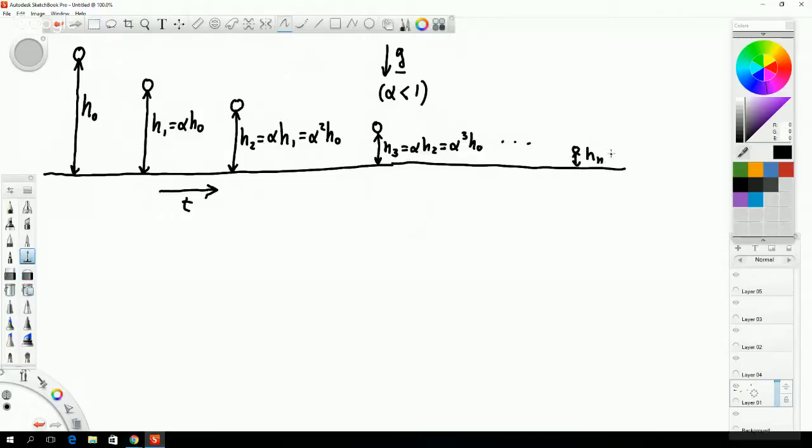After the nth bounce, we have reached a maximum height of alpha to the n times the original height h0. Okay, and we go on and on forever, in theory. Okay, part A says, using the properties, actually, sorry, let me just check if there are any questions about this. Okay, everything seems to be fine.